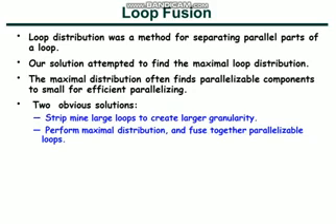Then we fuse all 5 parallelizable loops into one loop. Fusing means combining, so it is the opposite of distribution. First we distribute all 10, then we fuse the 5 parallelizable into one, and then we can combine the 5 sequential into one, which is optional.